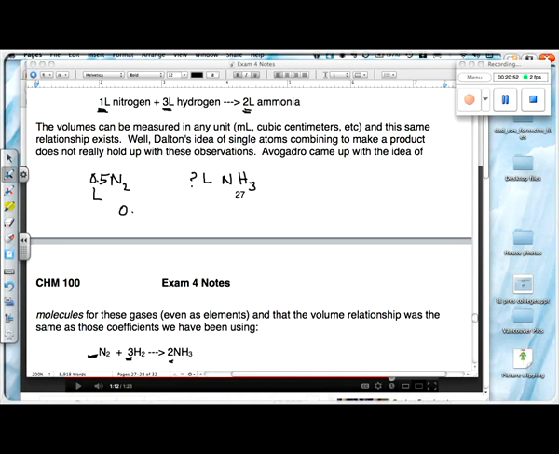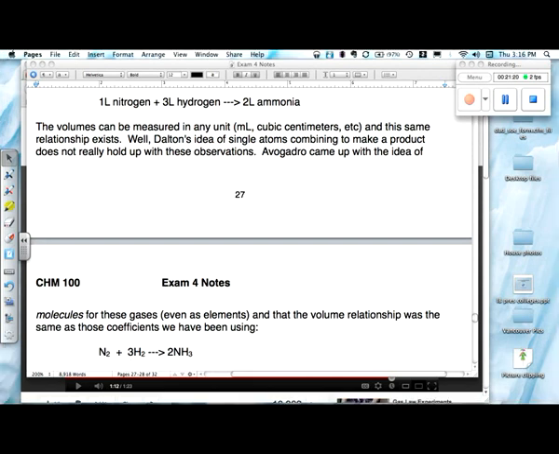All I have to do is say 0.5 liters times the mole ratio, in this case the volume ratio, 2 over 1, because I'm going from nitrogen to ammonia. So 1 liter of ammonia. This is only true for gases. The volume relationship was the same as the coefficients we have been using.